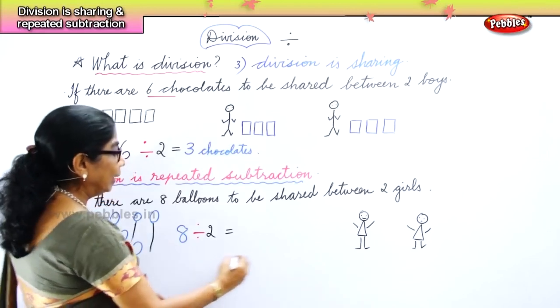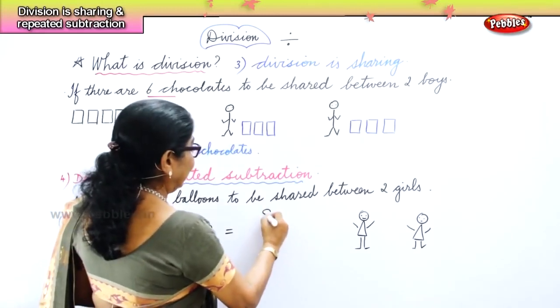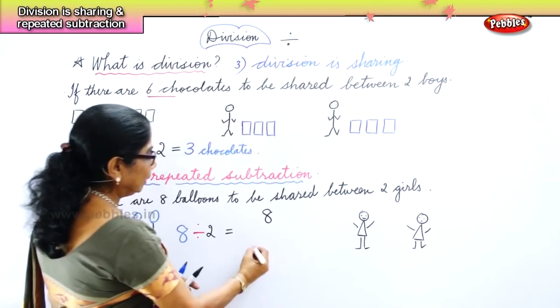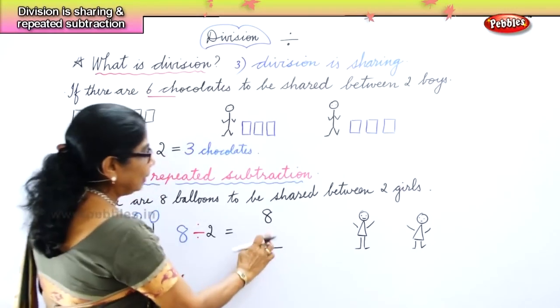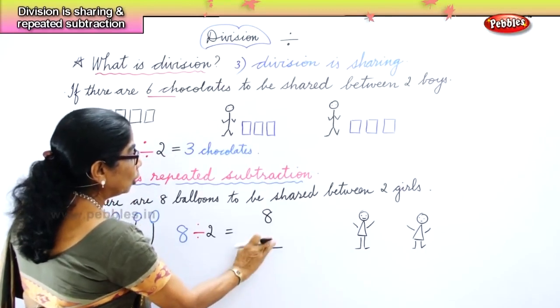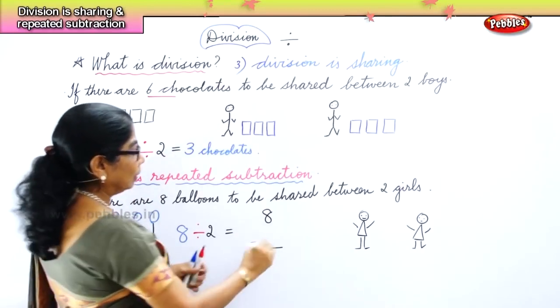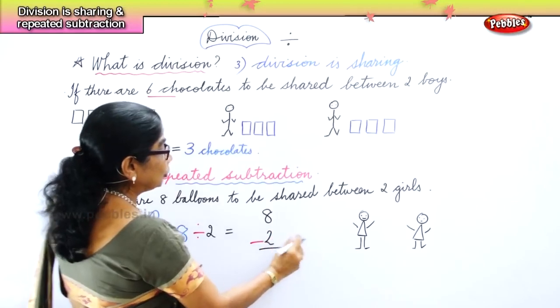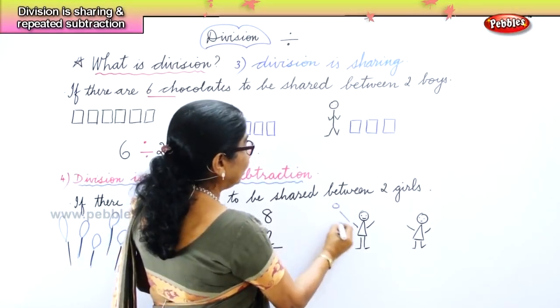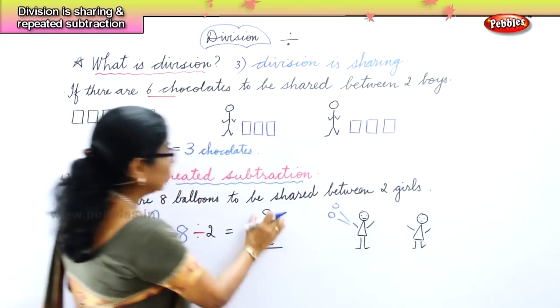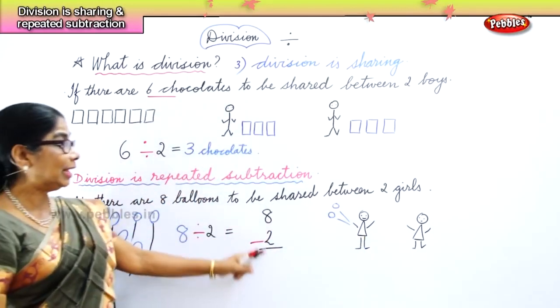8 minus 2. Alright? 8 minus 2 balloons. So we are going to give 2 balloons to one girl. 8 minus 2. So here are the 2 balloons. 1, 2. So we had 8. Take away 2.